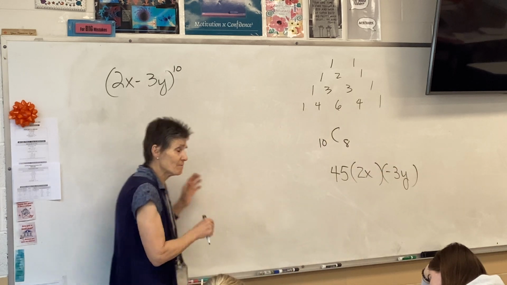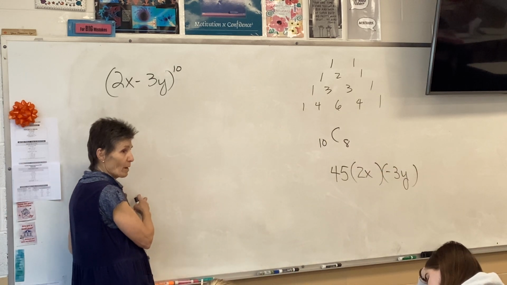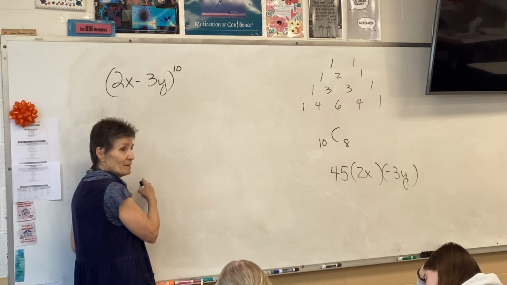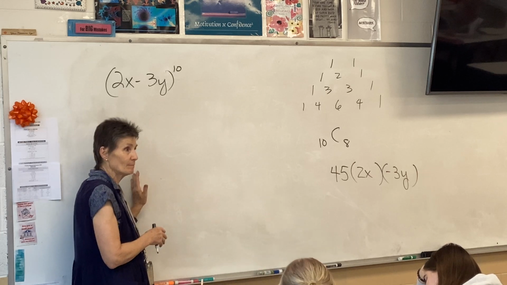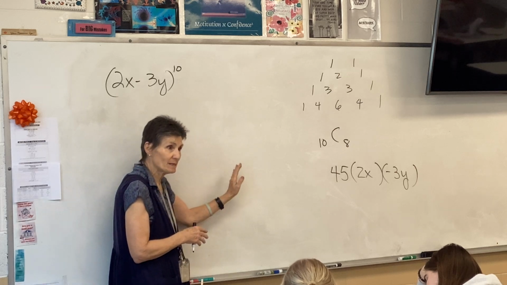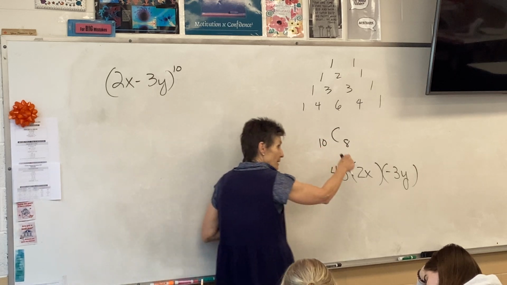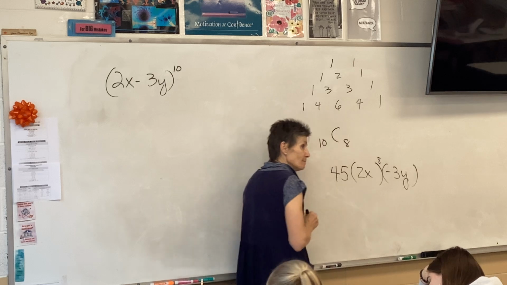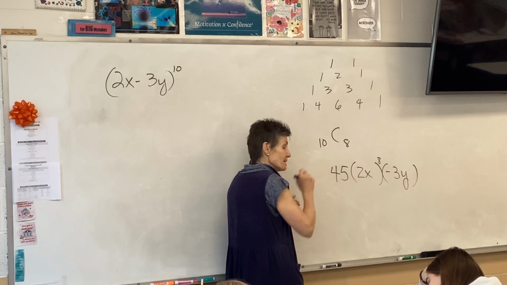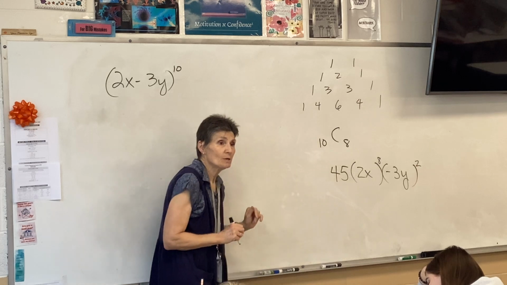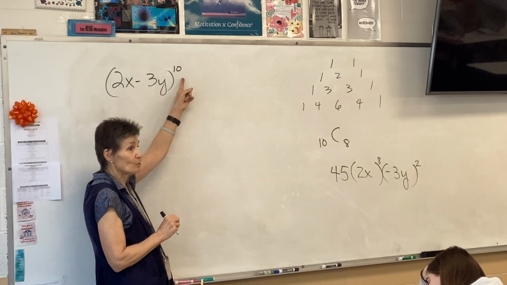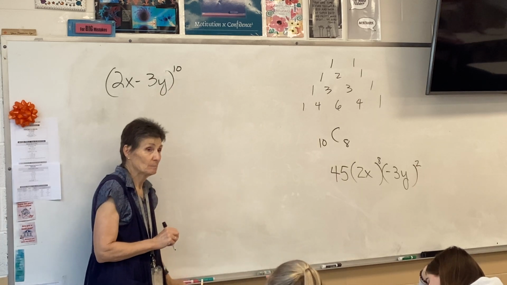Well, in the very first term, which is not the one I want, so I didn't write it down, the power on the x would be 10. And then it would be 9. And now it will be 8. And if that's an 8, this has got to be a 2 because we are going to the 10th power.